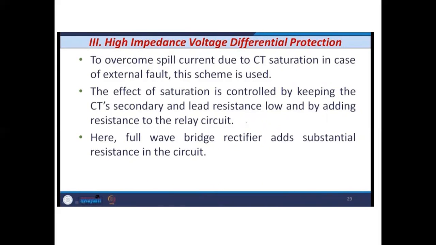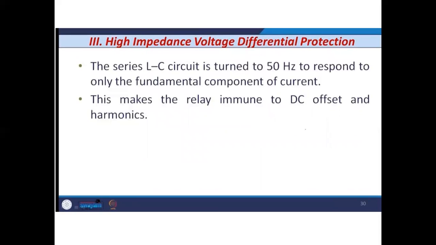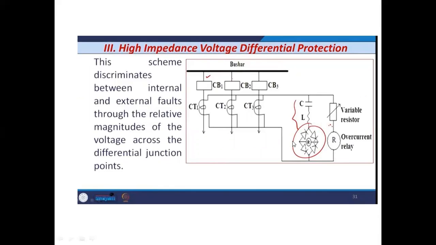The effect of the CT saturation is controlled by the CT secondary and lead resistance, and by adding resistance in the relay circuit. However, here a full bridge rectifying circuit adds substantial resistance in the circuit. Look, this is the bridge circuit.